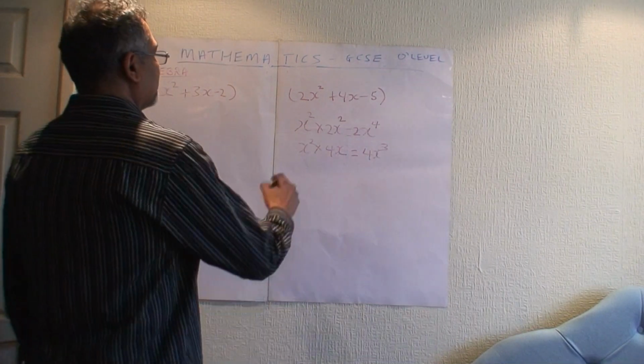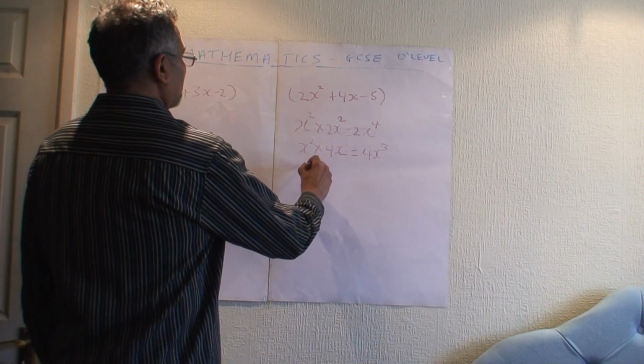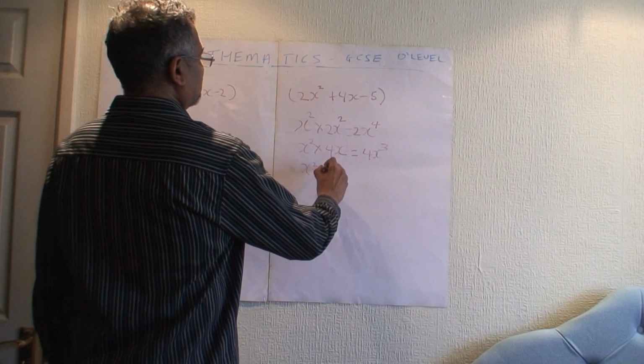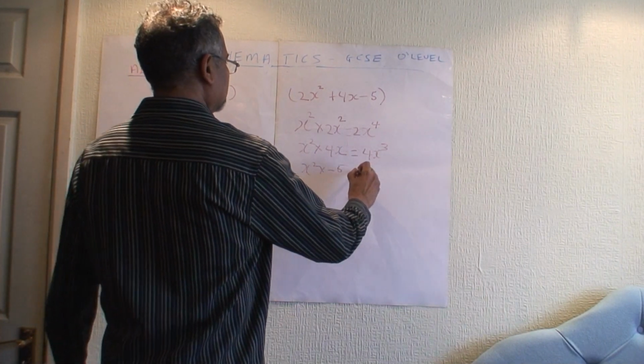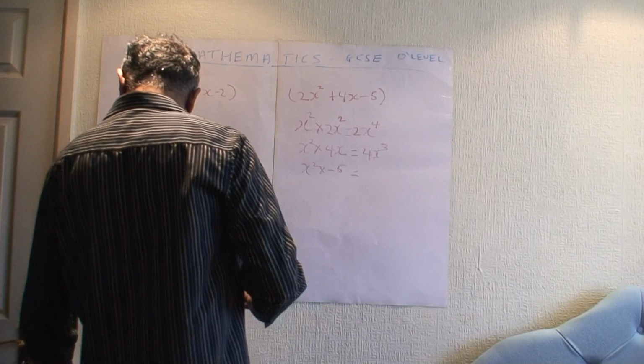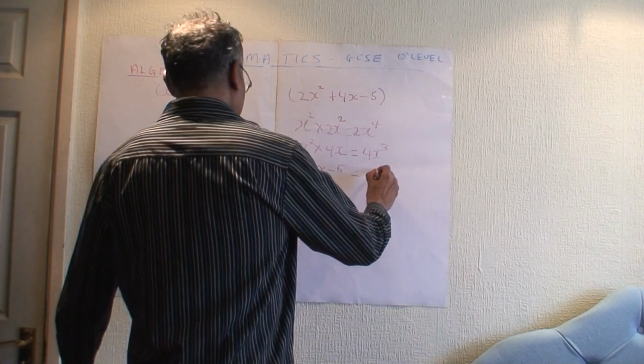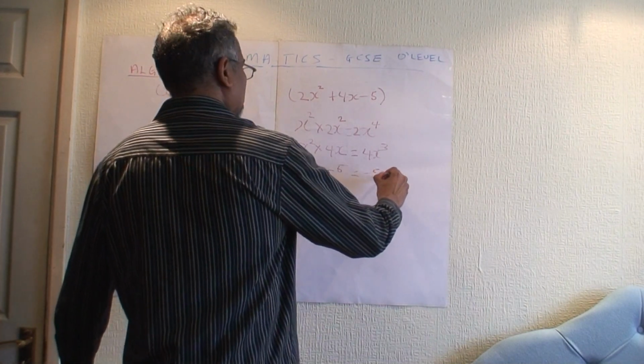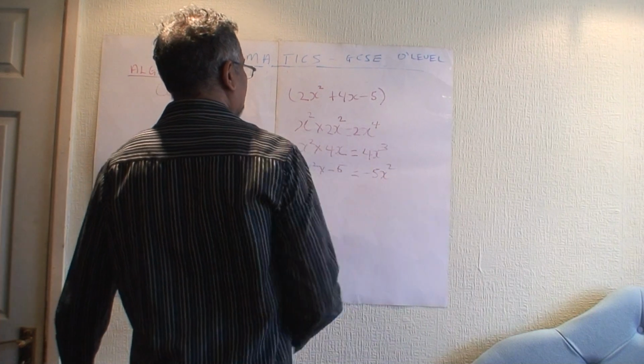And x squared multiplies by minus 5, that is minus 5x squared.